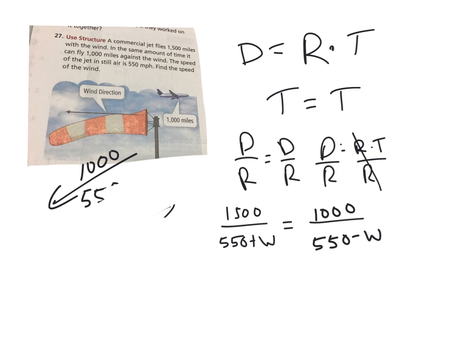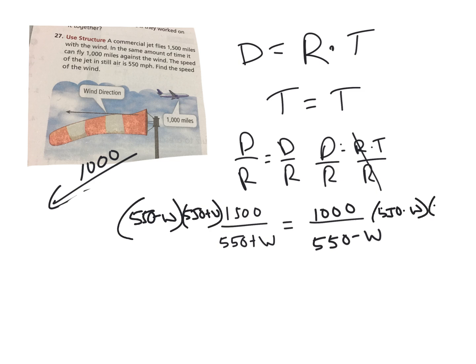So I'm going to get rid of this stuff so we've got room. Basically, we just multiply by our common denominators, right? So I'm going to take 550 minus W and 550 plus W, and the same thing here, 550 minus W and 550 plus W, and multiply these.